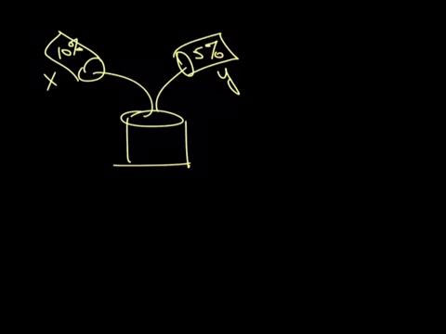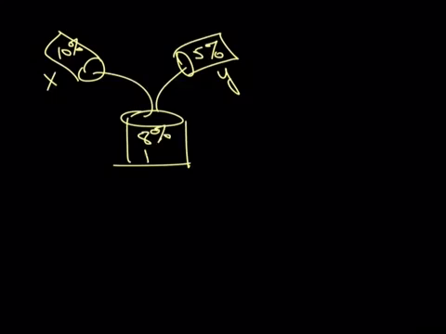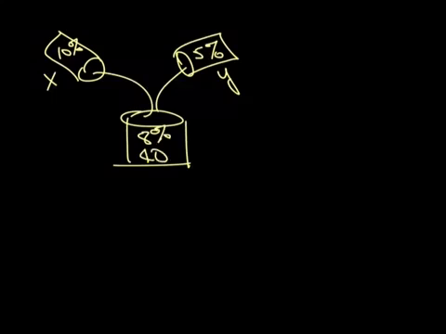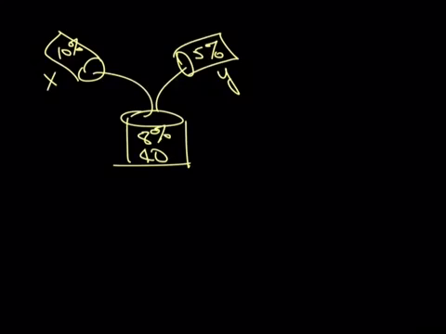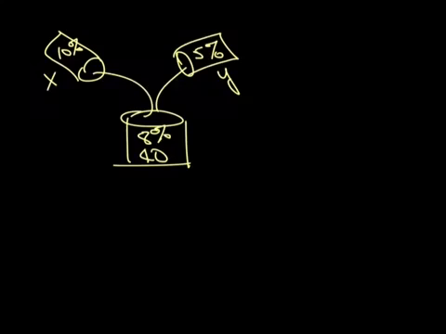It's what we've done before: I've got my buckets, this is my 10% and this is my 5%, and it's asking how much of each will be added to this barrel to give me 8% and 40 liters. It's the exact same equation as in the example, so no difference there.